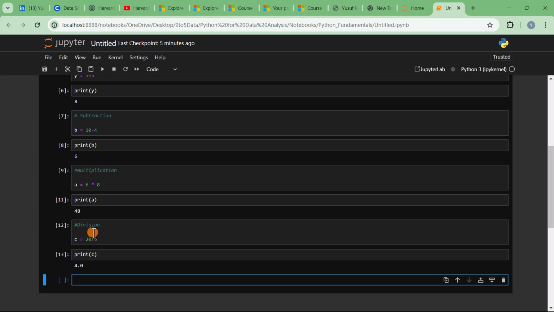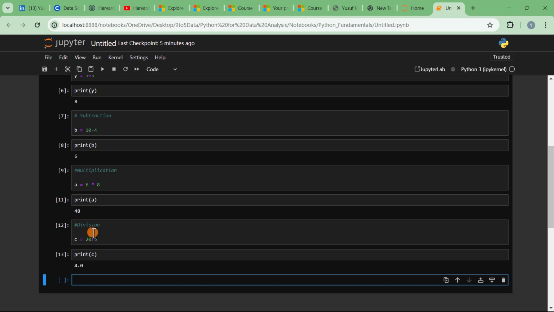We'll get 4.0, which is the same thing as 4. But this time, 4.0 is an output we have to pay attention to because it is a float. Sometimes if you need an integer, there's a way around it. But for now, this output is correct and we'll take it that way.